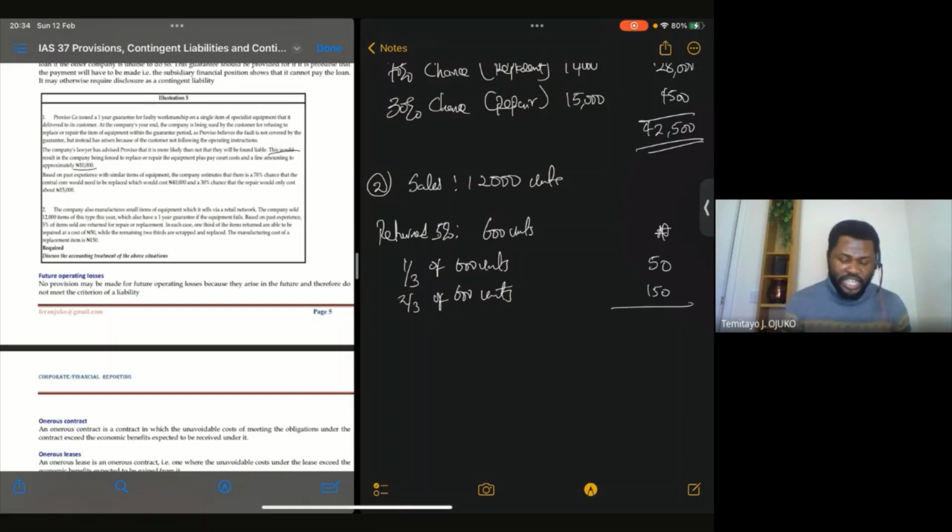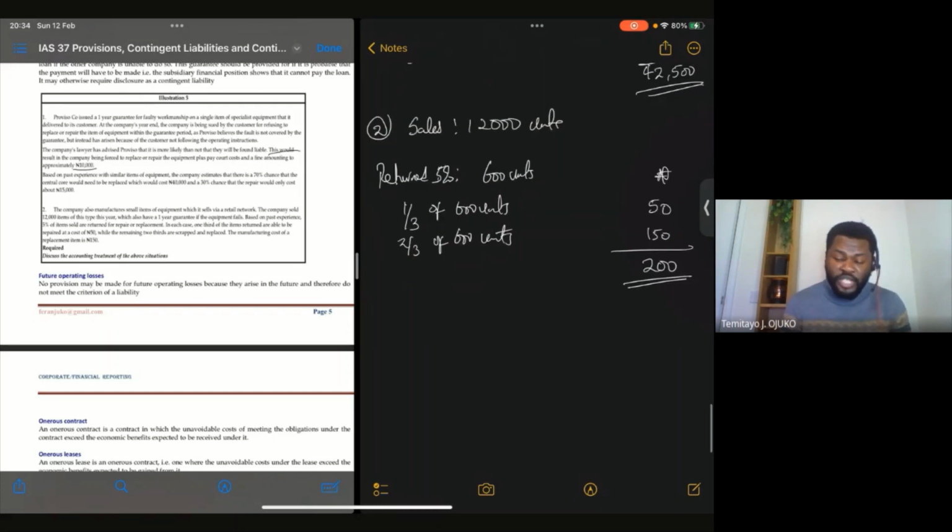If it was per unit, then I would have done 1/3 of 600 times 50. But in this case, we are not told that it's per unit. So 50 plus 150 gives us 200. It's as simple as that.